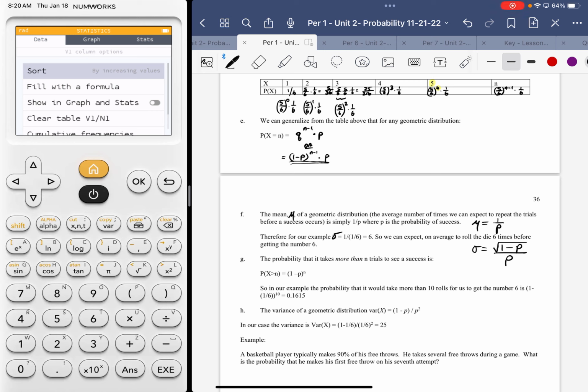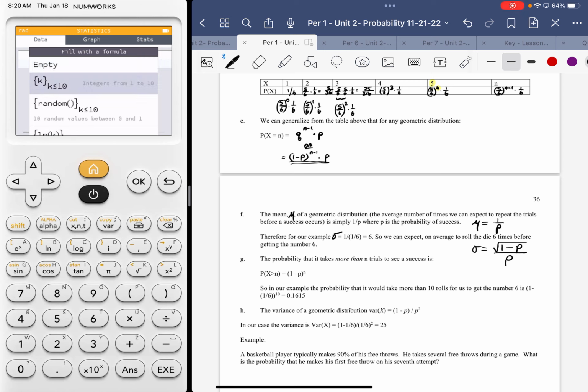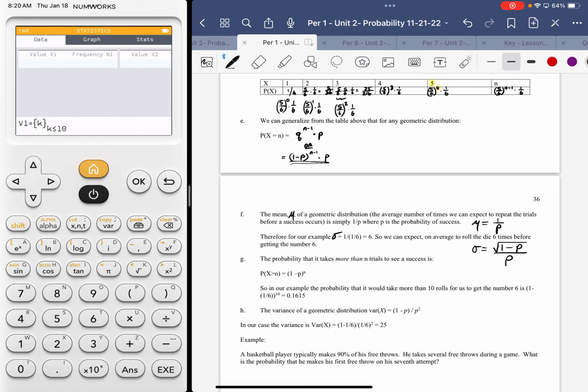Hit OK. Fill with a formula, select that first option. You see it says integers from 1 to 10. So you just change this upper bound to whatever you want, again, short of 100. So I'll go 25. All right, so I'm going to hit OK. And that puts in the numbers 1 to 25, which is great. Didn't have to worry about doing that.